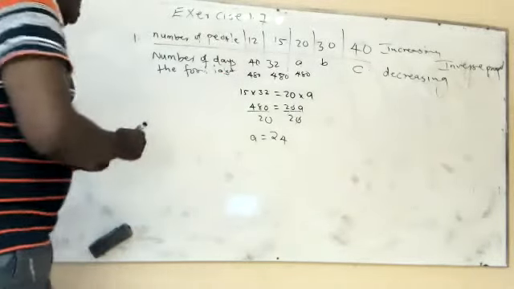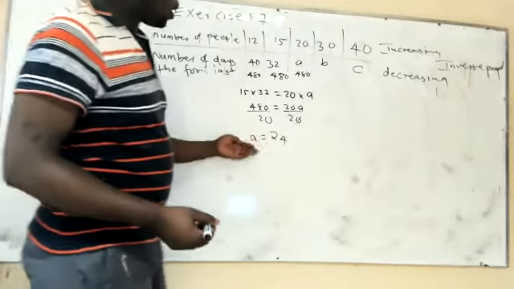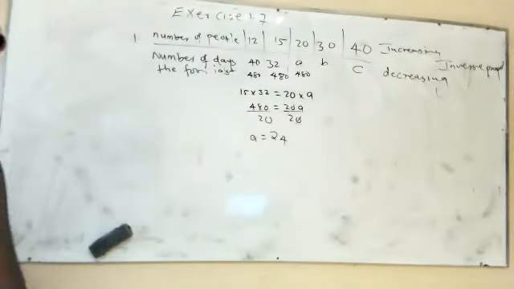Okay, if you understood how I got the value of A, can you quickly get the value of B for me? What am I going to get for the value of B?